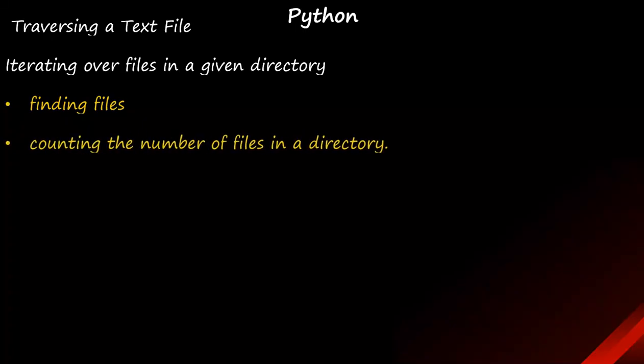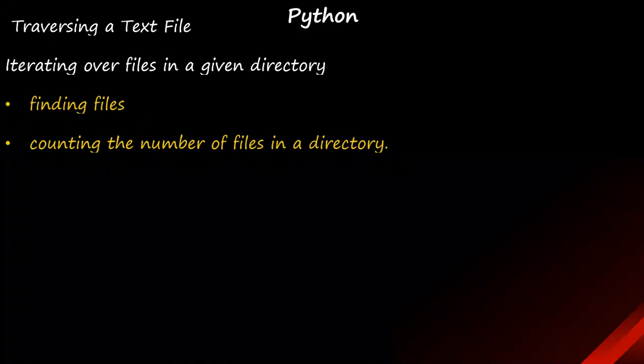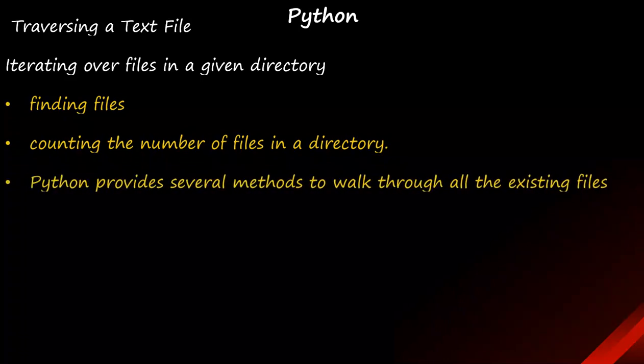Then counting the number of files in a directory, which includes traveling through the directory: how many files and how many directories there are. Python provides methods to walk through the existing files and existing directories, so you can get the information of a file and of a directory, and how many files are there.